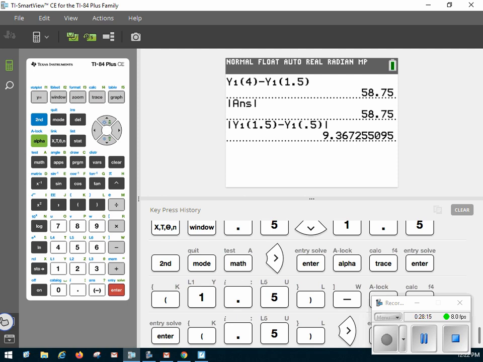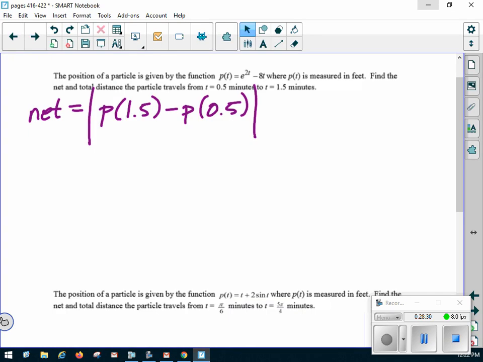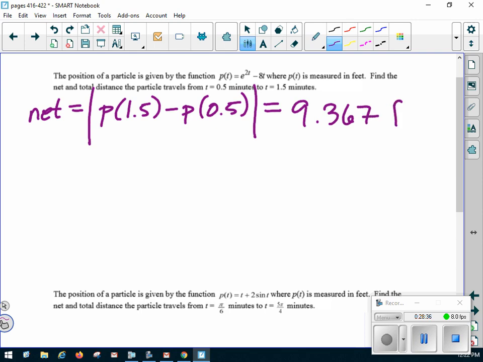You getting that? Now remember, this is position. So this is giving us our net distance, right? Round to the nearest 1,000, 3 decimal places. So what do we get? 9.367 feet.